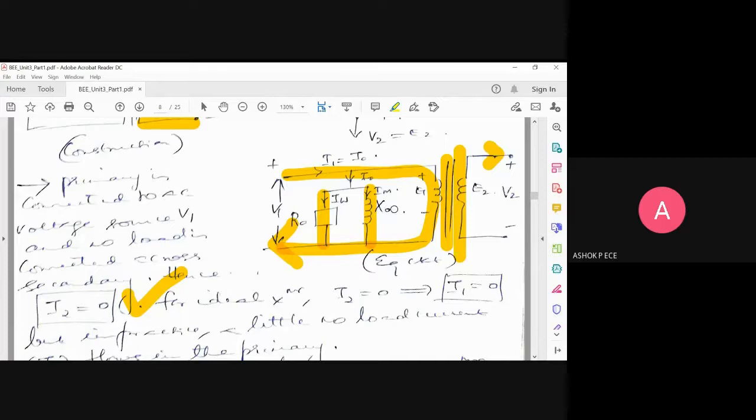I have drawn the diagram. Yes, sir. It is flowing through the inductor, and we are modeling this IM because of the magnetization effect. Okay. And IM is out of phase by 90 degrees because of the inductive effect. Okay, sir. Can you say about IW?